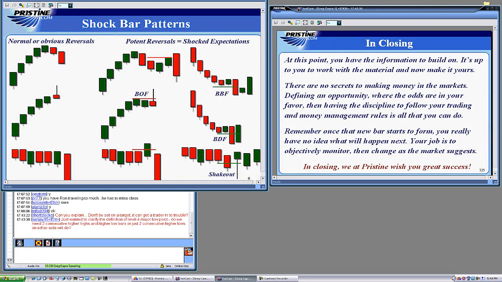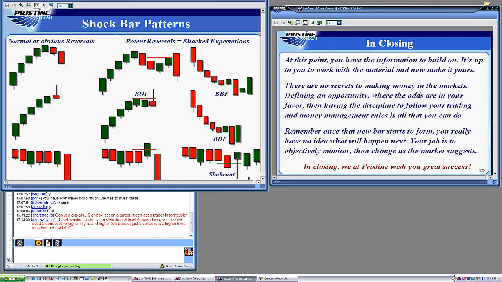The idea is that you formulate a plan, to say that I think this stock can go up to this area. Once we get into the trade, obviously we want that to happen.